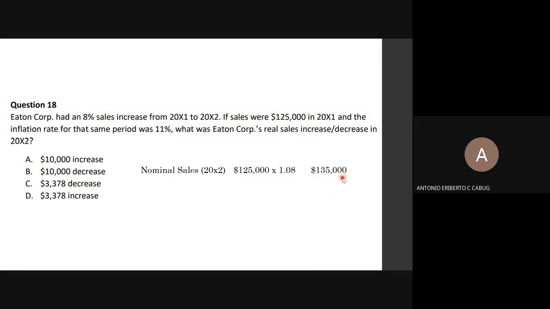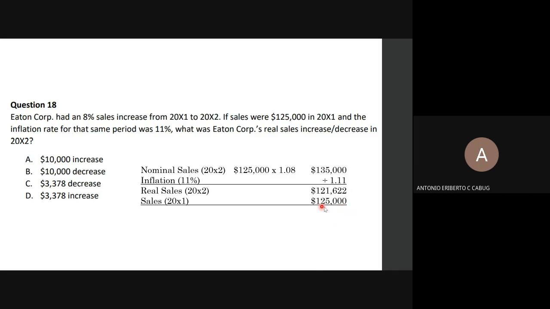Yang $135,000 na yan, however, para tanggalin natin yung effect ng inflation diyan, we may divide this by 1 plus the inflation rate. $135,000, removing inflation, divided by 1.11, is 121,622. Saan tayo nanggaling? Nanggaling tayo sa 125K. 125K to 121,622, that's a decrease. There is a real decrease in sales by 3,378.